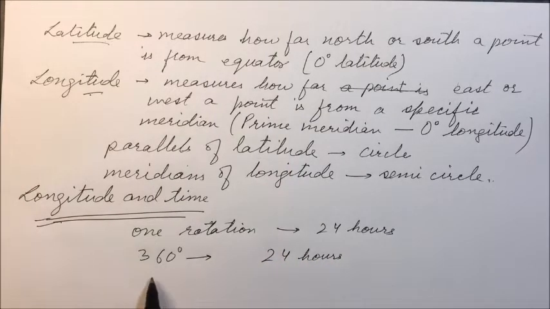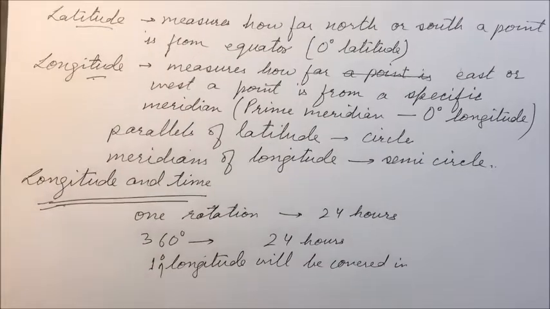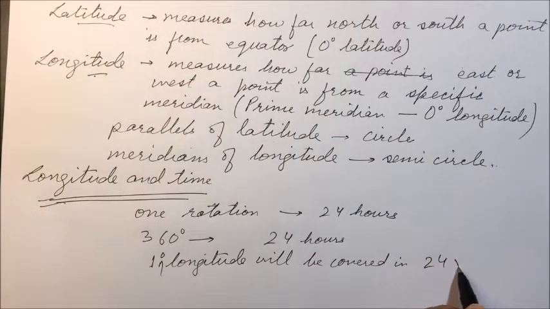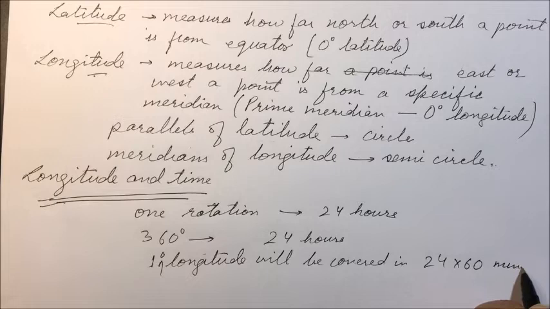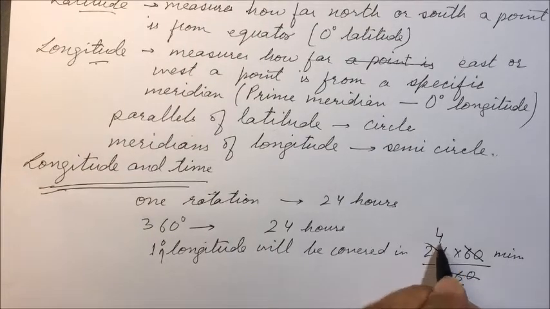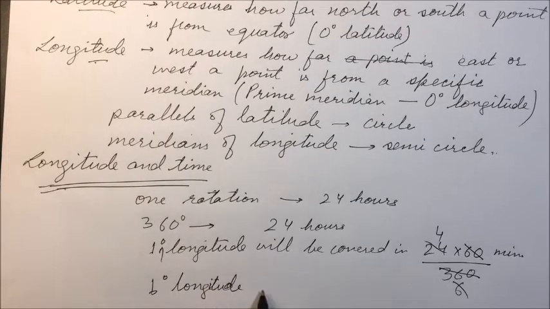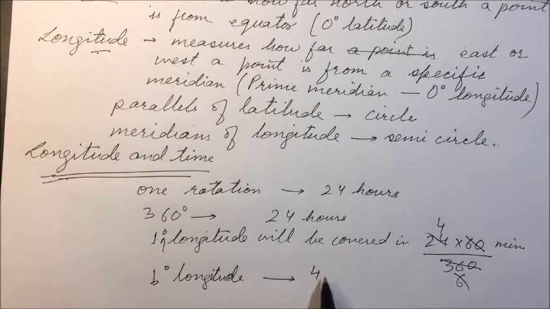So 1 degree of longitude will be covered in how many minutes? It will be 24 times 60 minutes divided by 360, which is 4. So 1 degree of longitude is covered in 4 minutes.